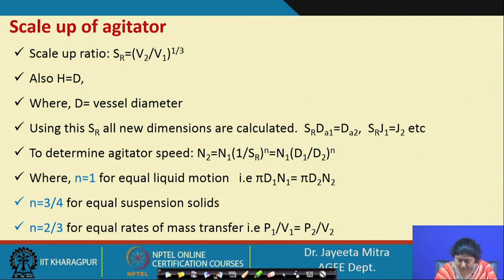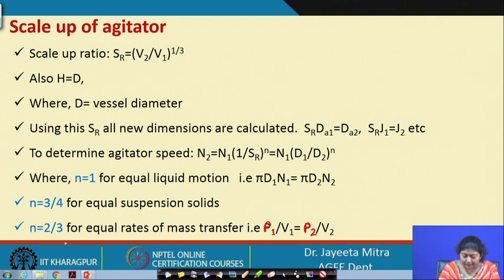Sorry, this will be rho, actually rho. So, these three are the cases of how we can do the scale up for an agitator.